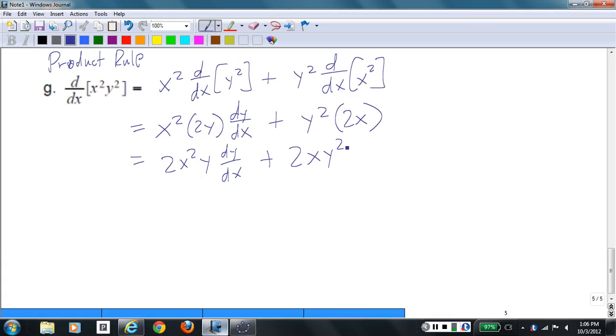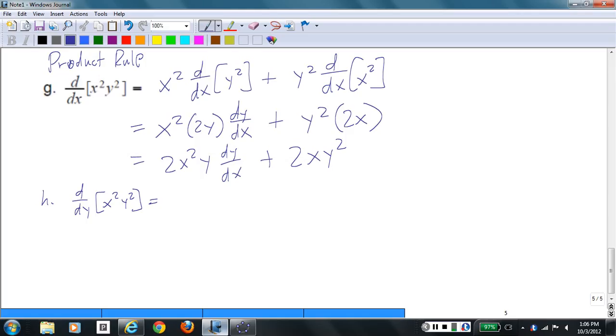Now the next example I think is h, d dx, sorry, I was trying to contrast that, but d dy, isn't it, of x squared y squared? d dy of x squared y squared. And basically we'll get the same thing except reversing the roles of x and y. Pick up all the x's and put y's, pick up all the y's and put x's.